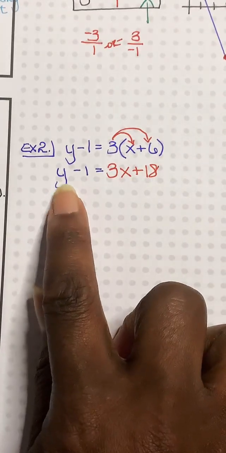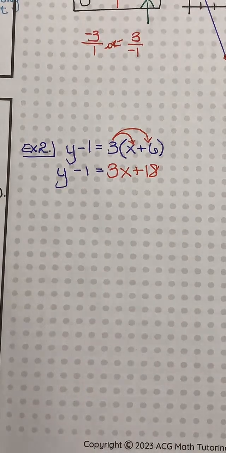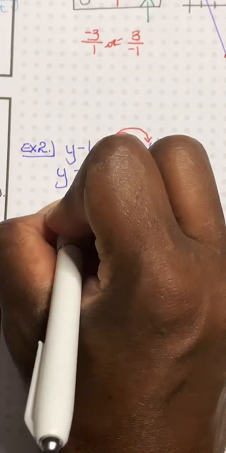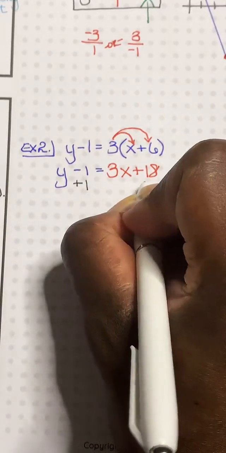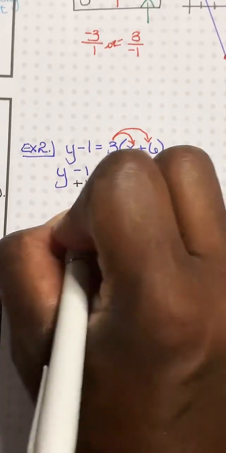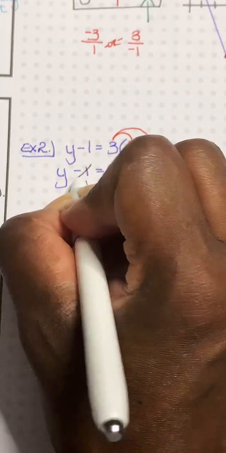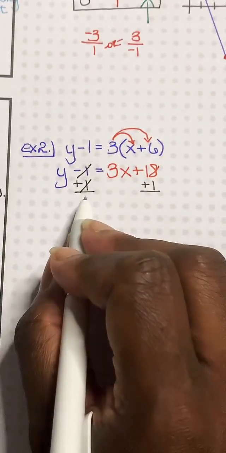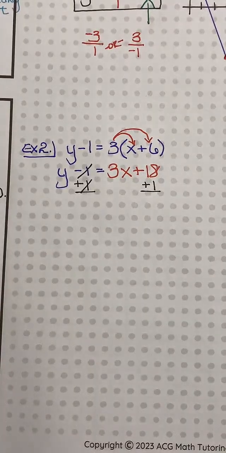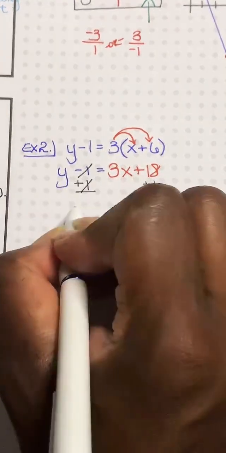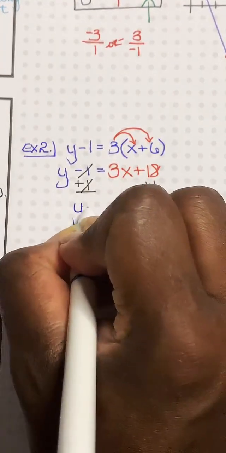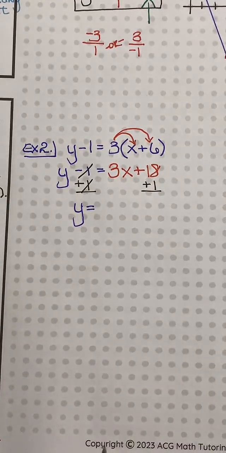So our goal is to get our y by itself. So this is when we're going to add 1, because negative 1 plus 1 will give us our 0, but we don't need that 0 because we still have the y on that side of the equal sign.